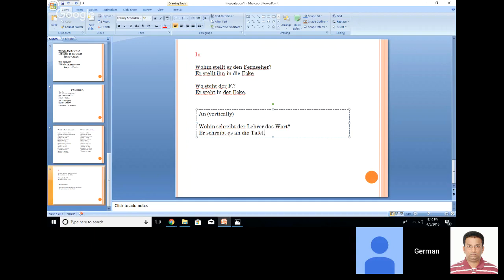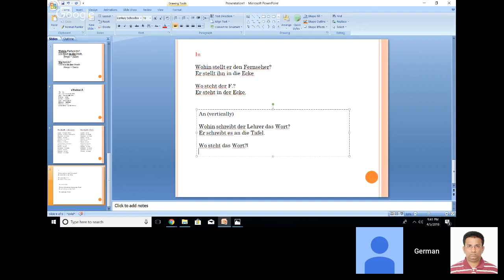And for dative, the question would be: Wo steht das Wort? The only thing that matters to us over here is the word. The word is the main object.